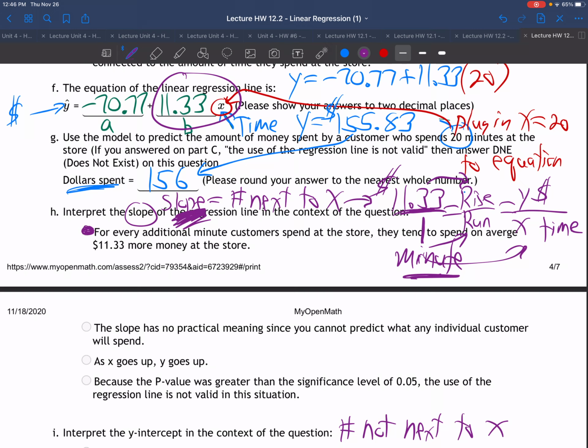It's the number not next to x. So that's the negative 70.77. So what is that? The average amount of money spent? Is that? No, it's not that. What about the next thing?